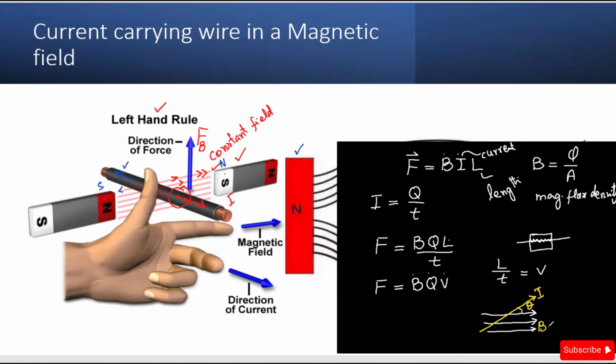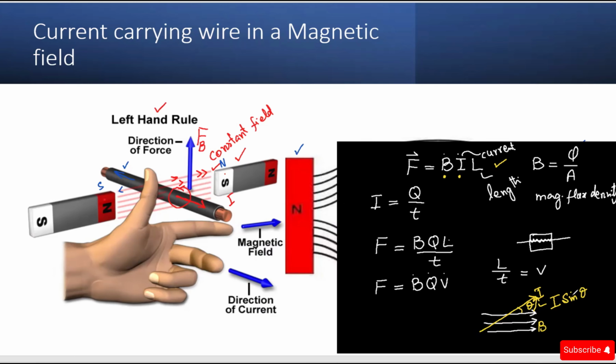Now you can see that in this relation, our magnetic field and current are perpendicular. So it means that we need to use a perpendicular component of the current, and this perpendicular component of the current is I sin theta. So what does it mean?